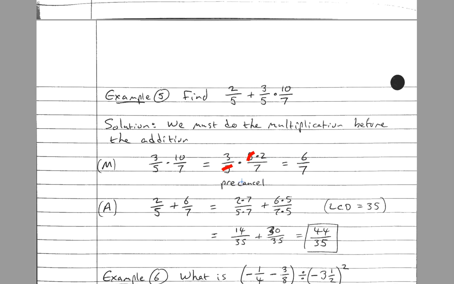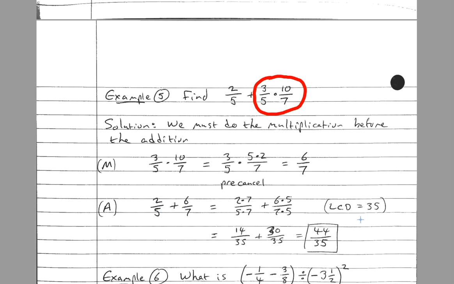You get the same thing if you go with 30 over 35, but then you'd have to cancel 5s, see that they have greatest common factor of 5 and cancel it. Better to cancel before you do the multiplication. Okay, so this piece we've just worked out to be 6/7. Now we do the addition, so the addition comes last. 2/5 plus 6/7.